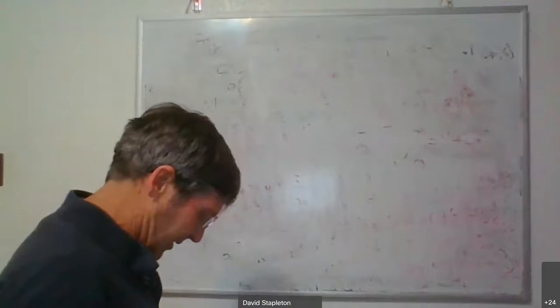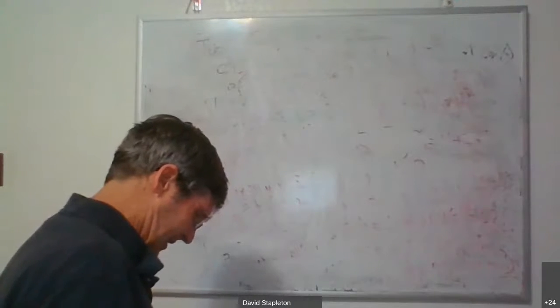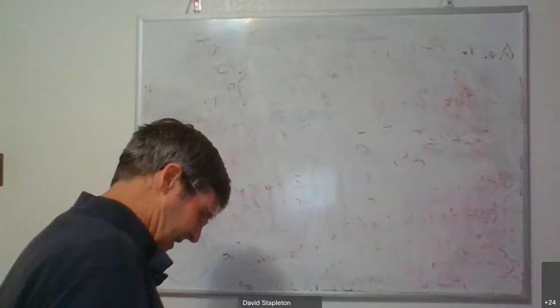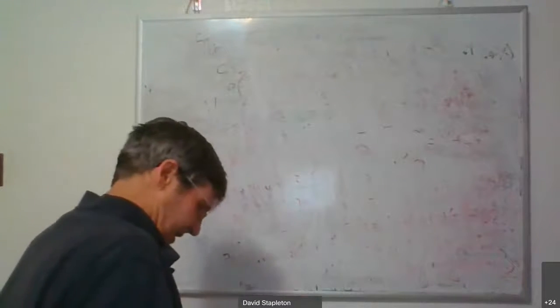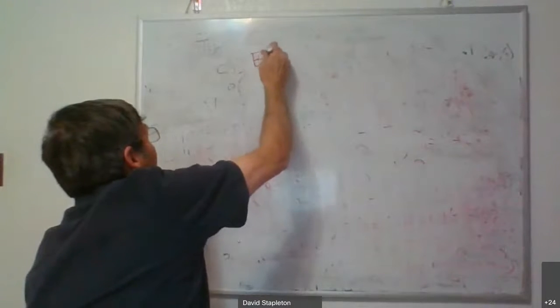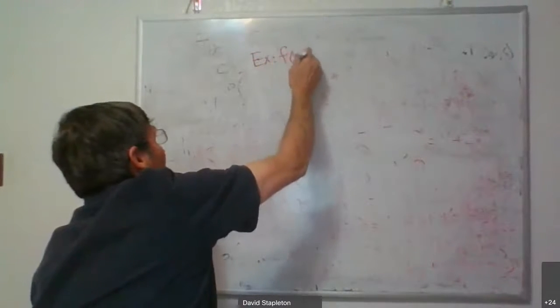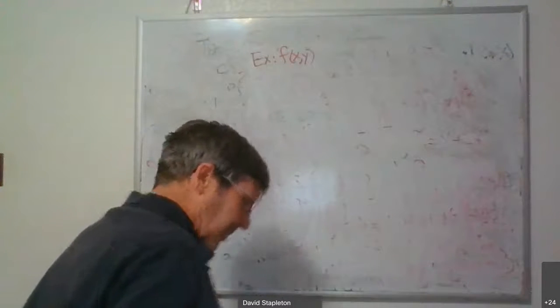All right, let's try this one now. This time f of x, y is x squared plus y squared plus 2 over xy.